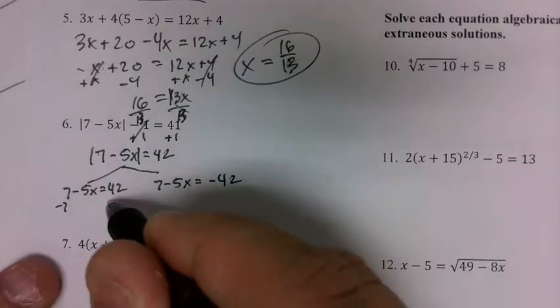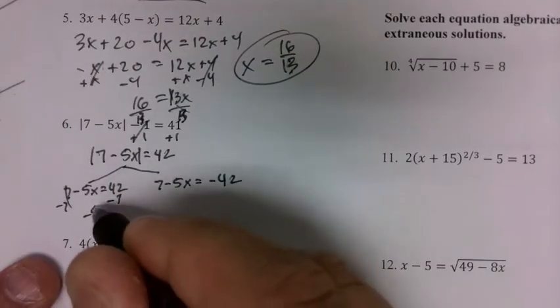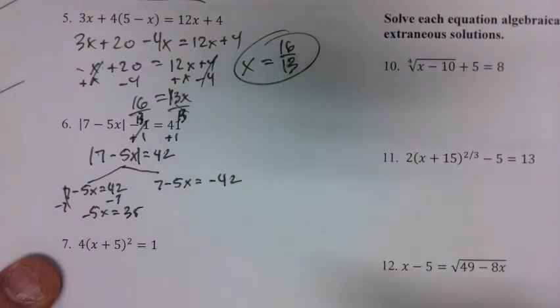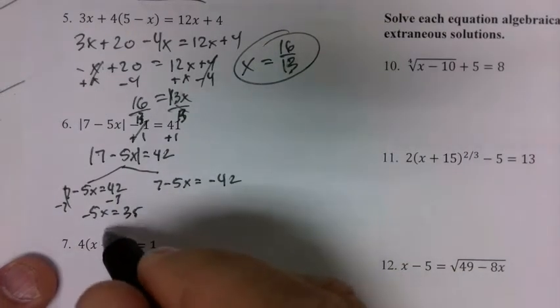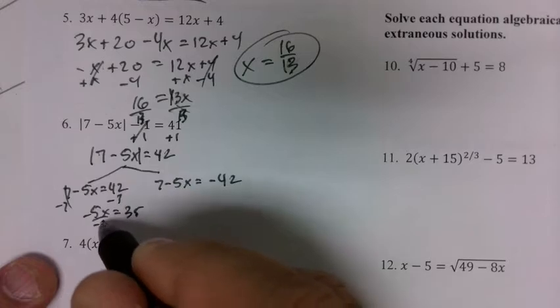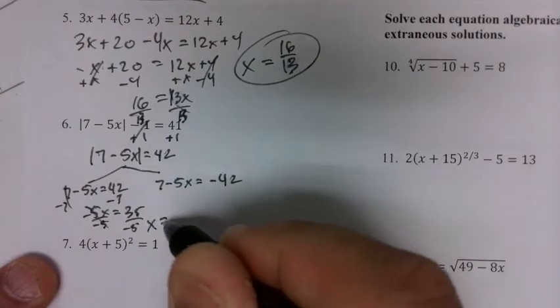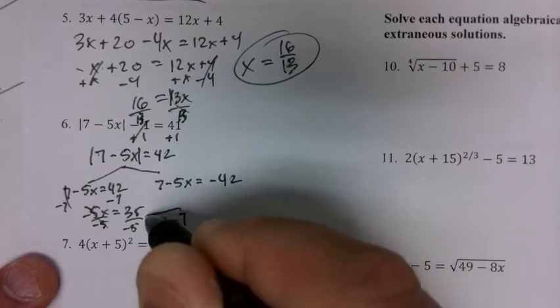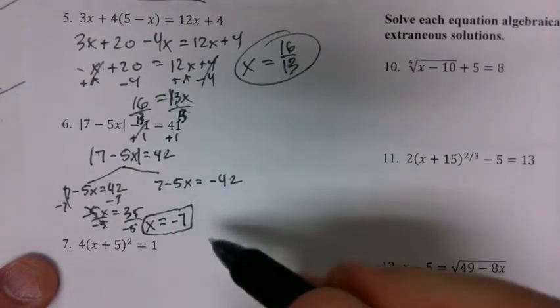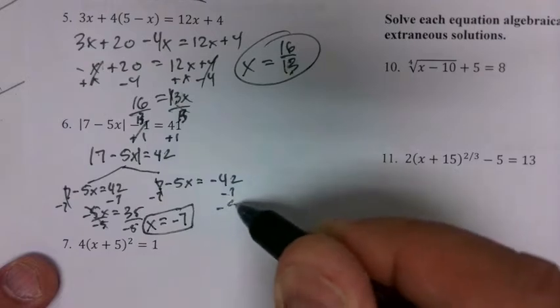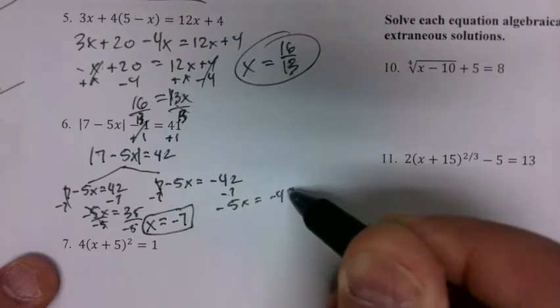Now I'm going to subtract 7 from each of these, and I get negative 5x equals 42 minus 7 is 35. And if I divide by negative 5 on each side to cancel out that negative 5, I'm having to squish this in. X equals negative 7. Okay, here, if I subtract 7, I get negative 5x equals negative 49.